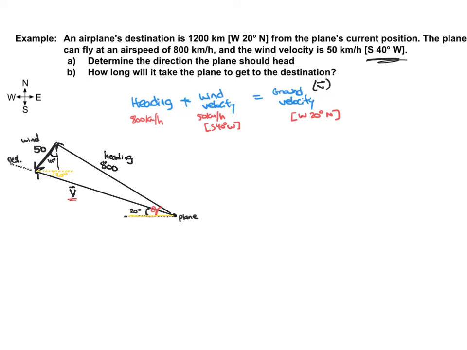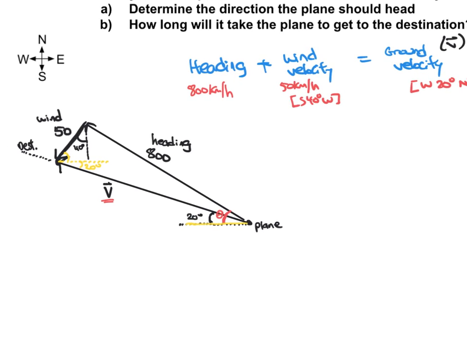And then if I take my yellow dotted line, and then that vertical dotted line, well, that makes a 90-degree angle. So I've got a small right angle triangle there, which I can use to find out this angle. So I'm going to zoom in here.